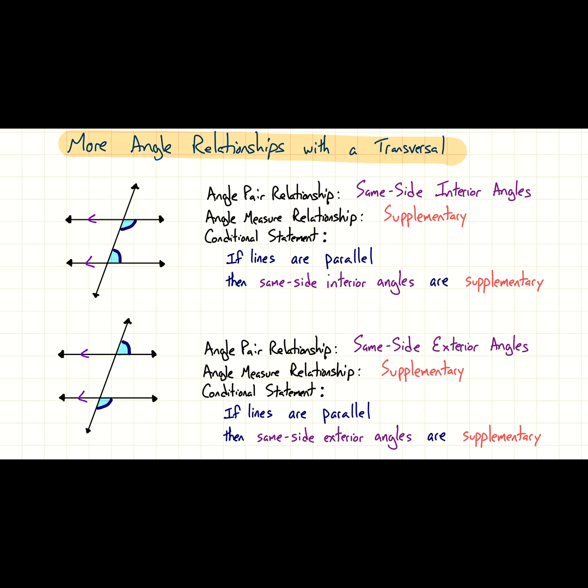So if I'm asking where's the interior, we're always looking at these parallel lines like they're the top and bottom of the car. Then interior would be anything in this space. So these angles, you'll notice, are in the interior. They're inside.